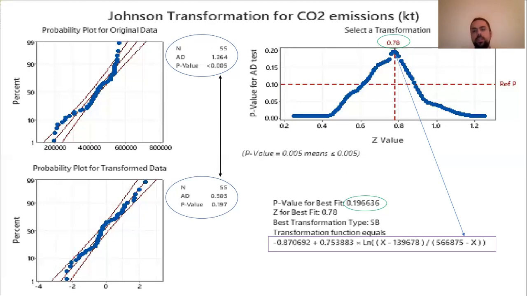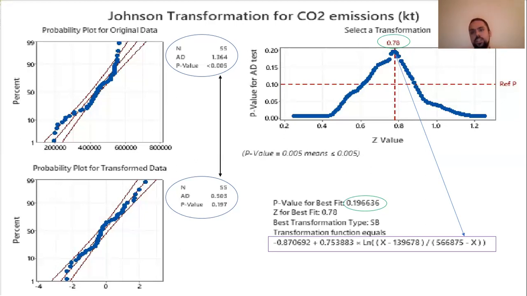For instance, let me give you an example. Here, in our example, the z value of 0.78 has the highest p-value. So its function equation is selected as the transformation function equation.